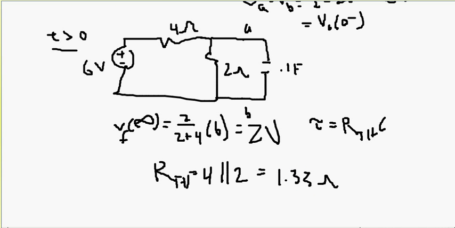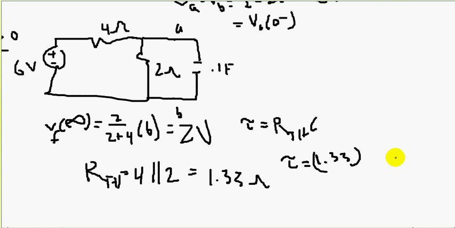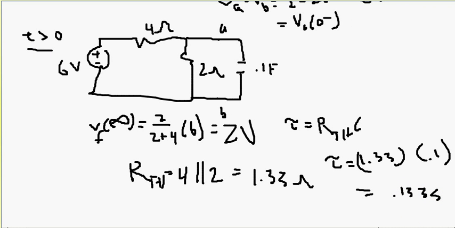Now that we have our R Thevenin, we can find tau. Plug in R Thevenin and our capacitance, 0.1 farads: 1.33 times 0.1 farads is equal to 0.133 seconds.